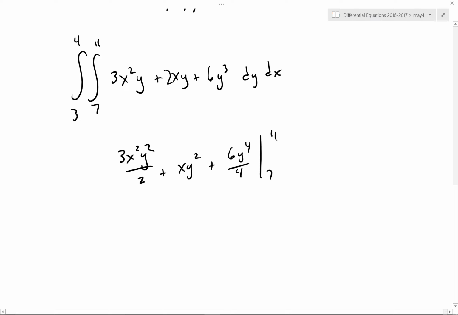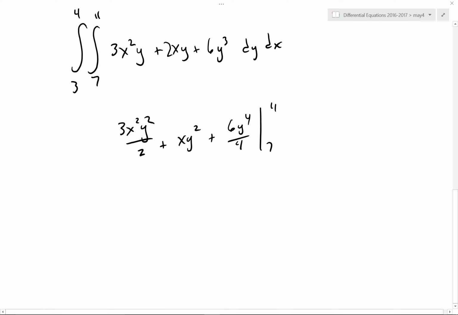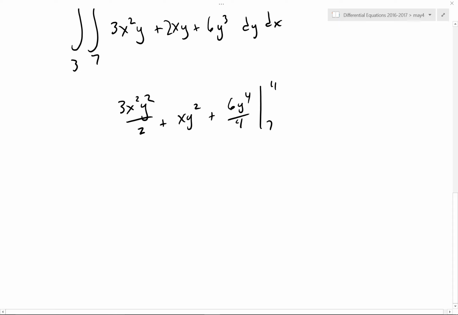Notice this first step will not look the same because you're going about it from a different point of view, but the final answer better be the same. Make sure you're plugging that in for y only. So evaluate it at y, but only y. When I'm done, I'm going to have x's left over.